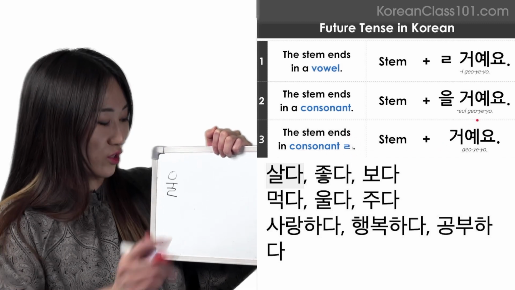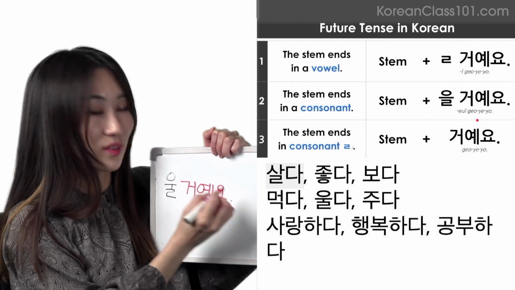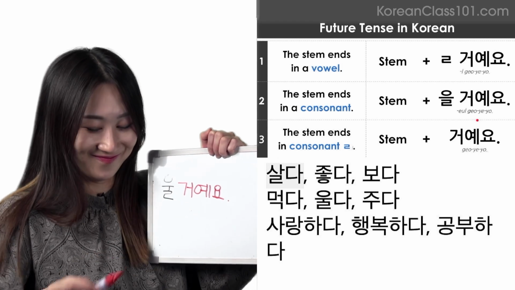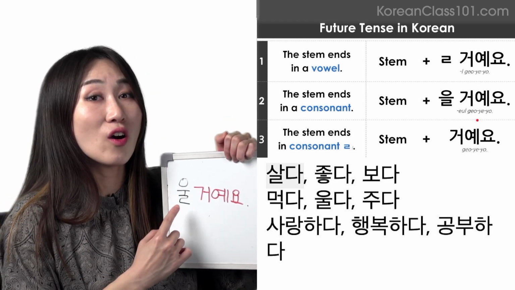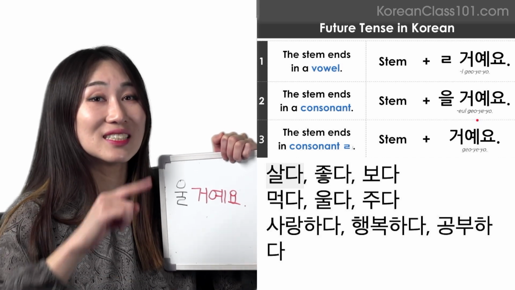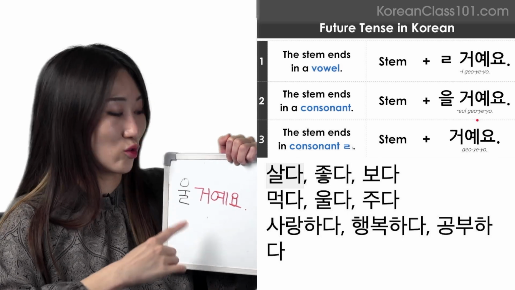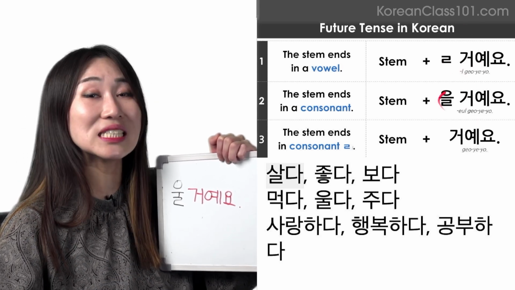So I need to use just 거예요. So I will cry, 울 거예요, simply because this already includes the 리을 sound, the 을 pronunciation already. So you don't need to add another 리을 or 을 sound again.